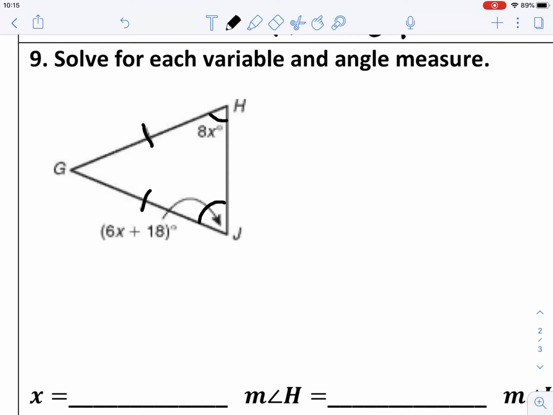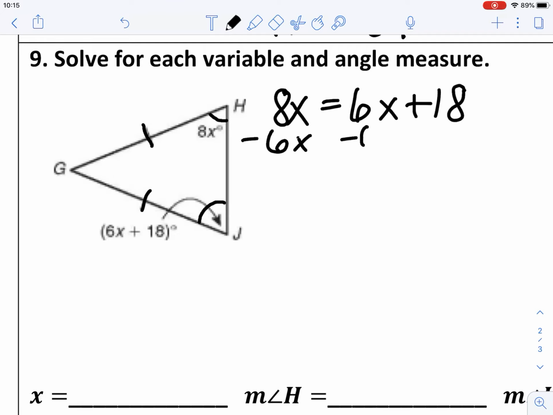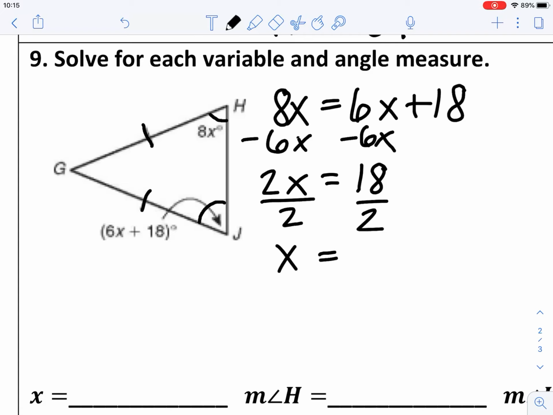I don't even have an expression for it, so I cannot set the three of them added together to equal 180 yet. What I can do is show that 8x is equal to 6x plus 18. As the two angles are congruent, their measures are equal. So our equation shows those measures equal to one another. Subtract 6x from both sides leaves me with 2x equals 18. And dividing by 2, we can see that x is equal to 9.